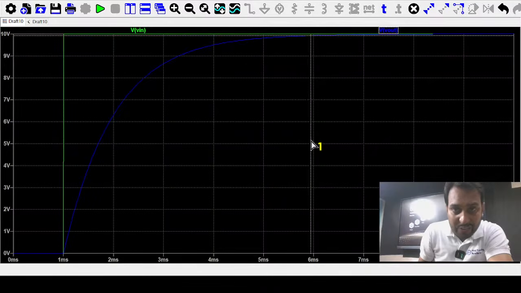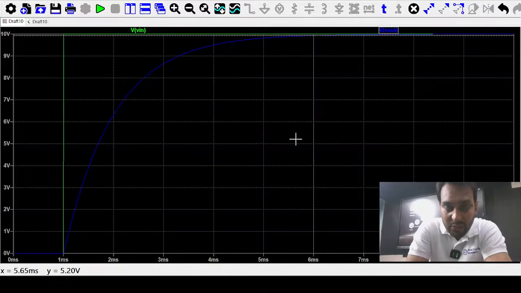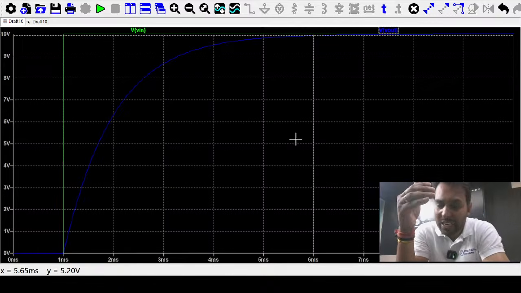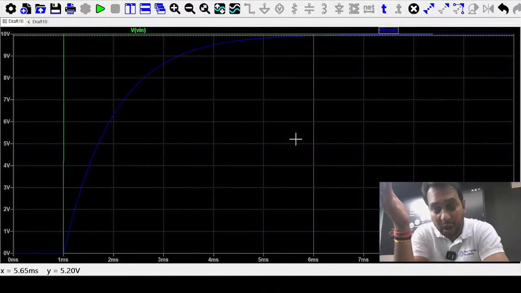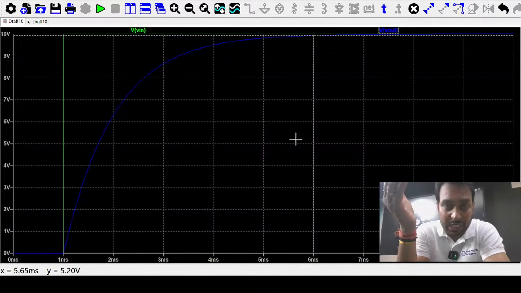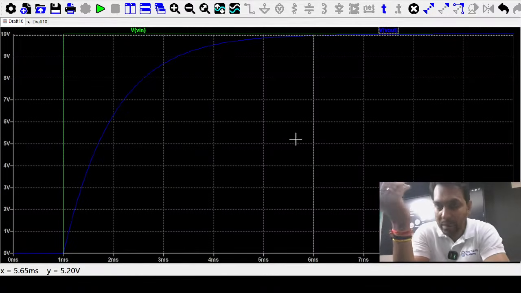At nearly 5 tau, I think I discussed in the last class that whenever you reach 5 tau, the steady state error is very small. 5 tau means 5 into tau, the time constant. Whenever you reach 5 tau after the input voltage is rising, you will reach the maximum voltage. If it is charging, it will take the maximum voltage.